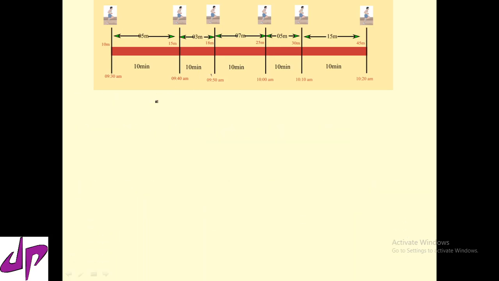A runner started at 9:30 a.m., and at 9:40 a.m. he covered 5 meter, and at 9:50 a.m. he covered 3 meter, and after another period, at 10 o'clock, he covered 7 meter.